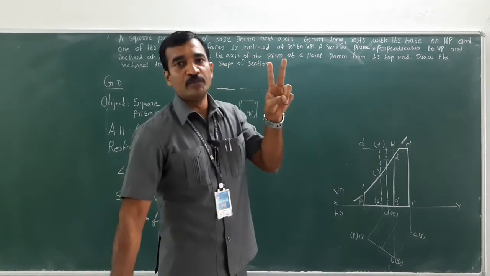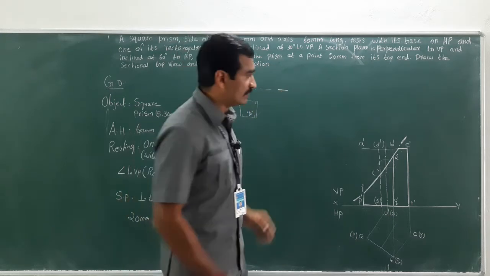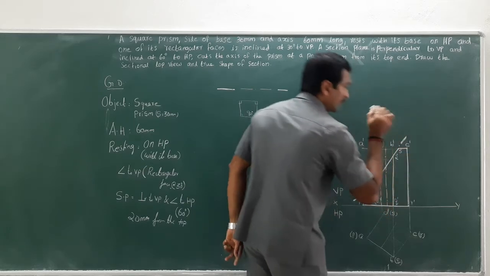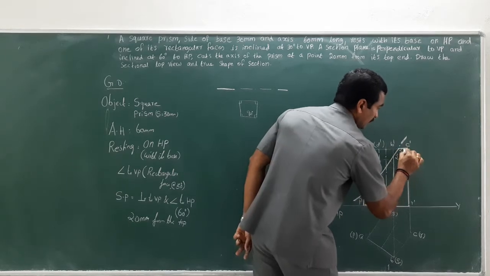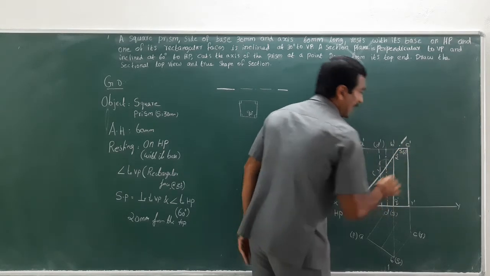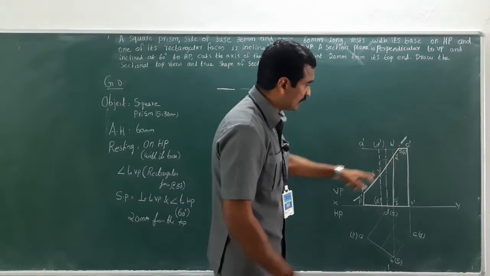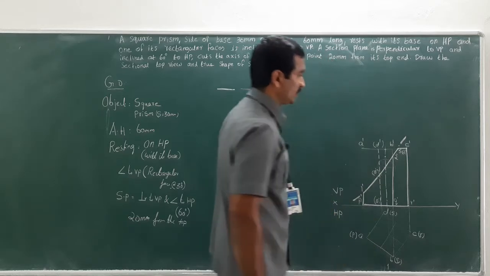Therefore, two edges formed. One is visible, the other one is invisible. So the visible should be marked as 3 dash, and the one behind is marked as 4 dash within the bracket. And any other invisible that is behind, here it is, that is 5 dash.